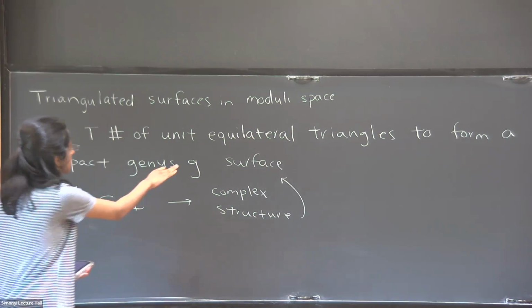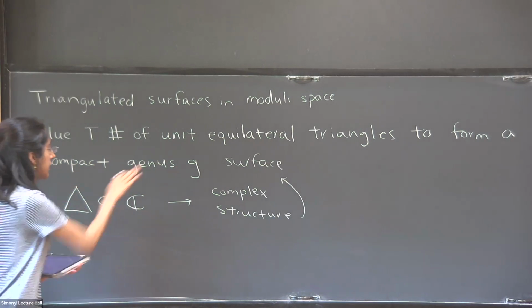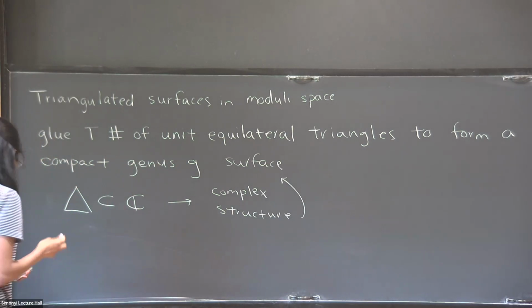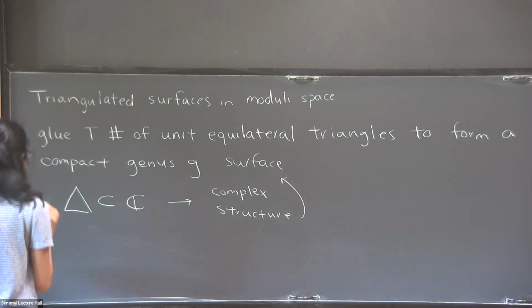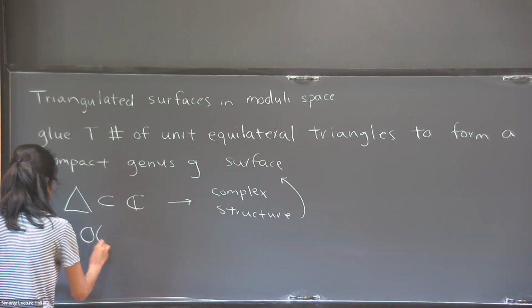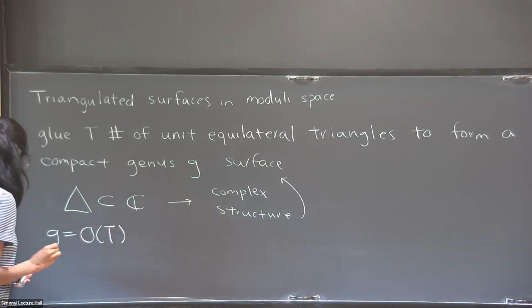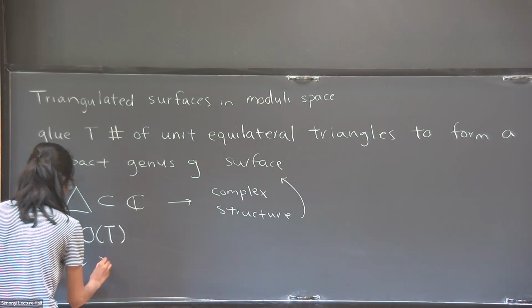And such a surface we call a triangulated surface. So we get a Riemann surface this way. And to be able to do this gluing process, we need to have G at least T. And we'll also assume that G is at least 2.